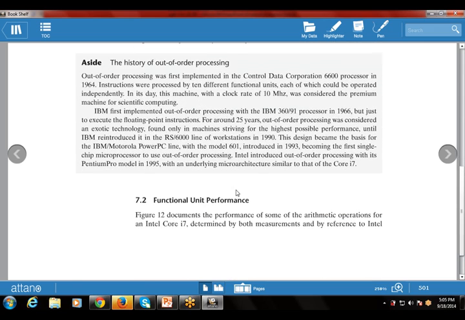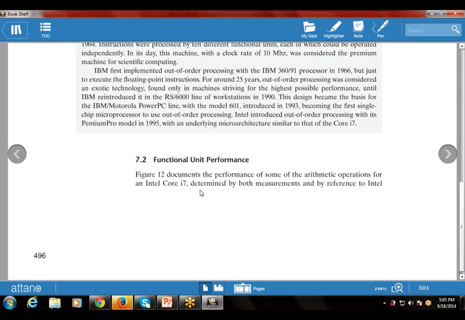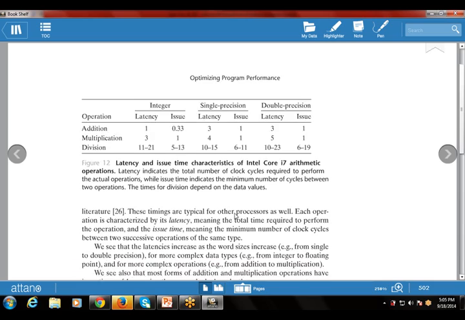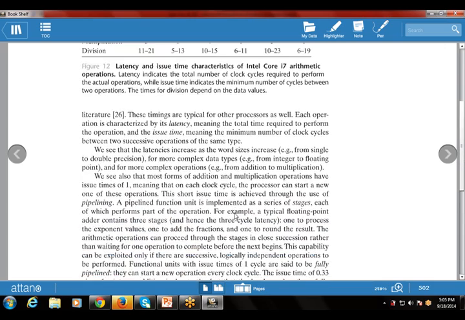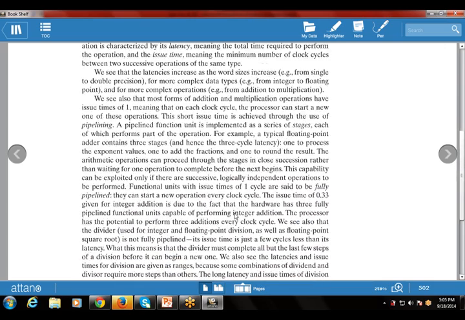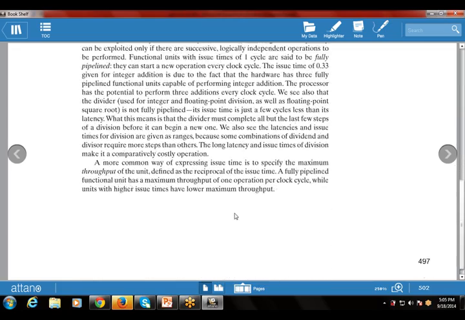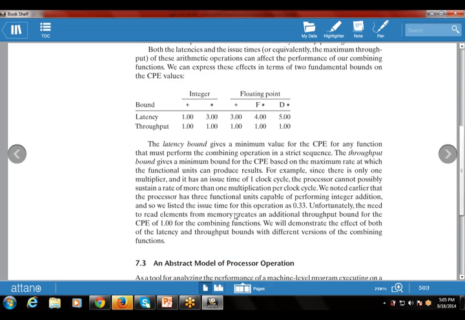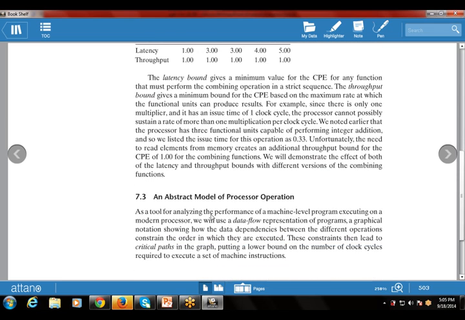Then functional unit performance, that is how the functional unit performance can be enhanced. This is addition, integer, single precision, double precision. The concept of pipelining is used here, throughput, circuit design, latency bound. Then the next topic is the abstract model.